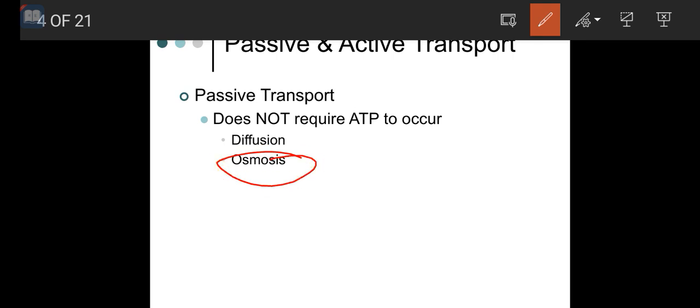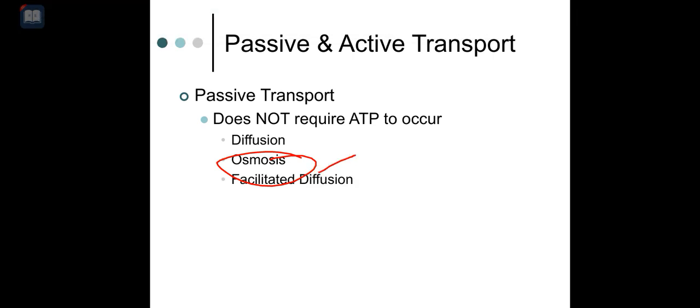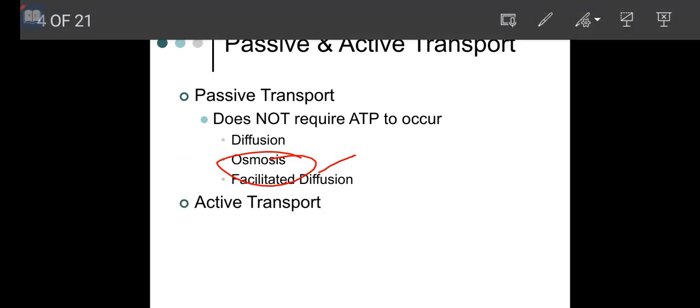Next process is osmosis. It is easily transported by osmosis, and also through turgidity and plasmolysis of the cells. Here the facilitated diffusion.